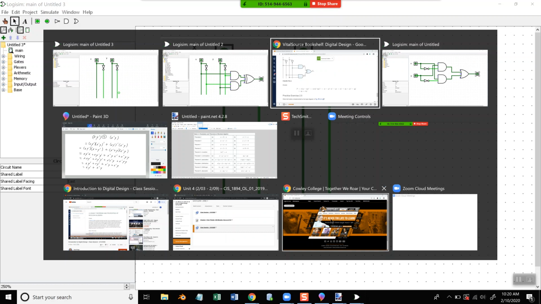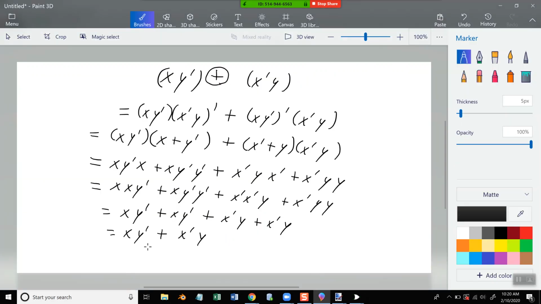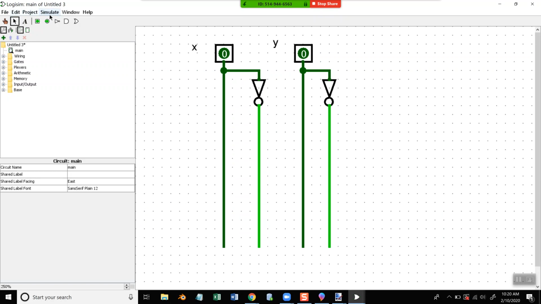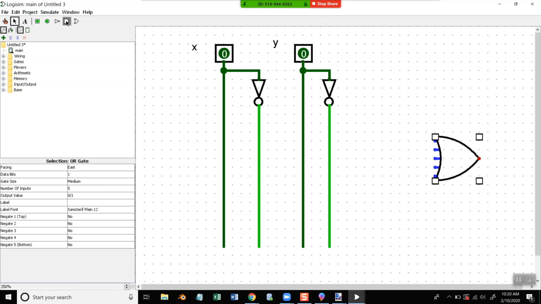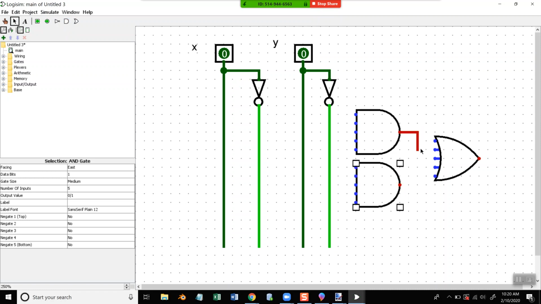Okay, so then I claim that it's X. Okay, there's a plus here. So it's my OR gate at the end. And I got two AND gates coming into it. Class. Okay, what's this first AND gate?